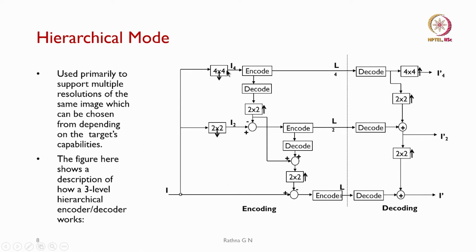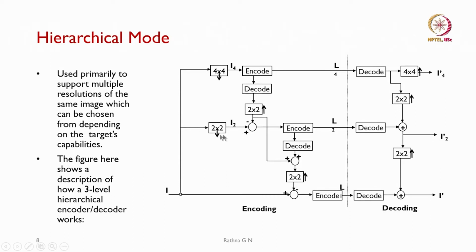You have a 4 by 4, which you call I4, then do the encoding of it and call it L4. At the decoder end you do the decode and the conversion to 4 by 4, and the output will be I4 dash. On the encoding side you can also decode and then convert it into 2 by 2.